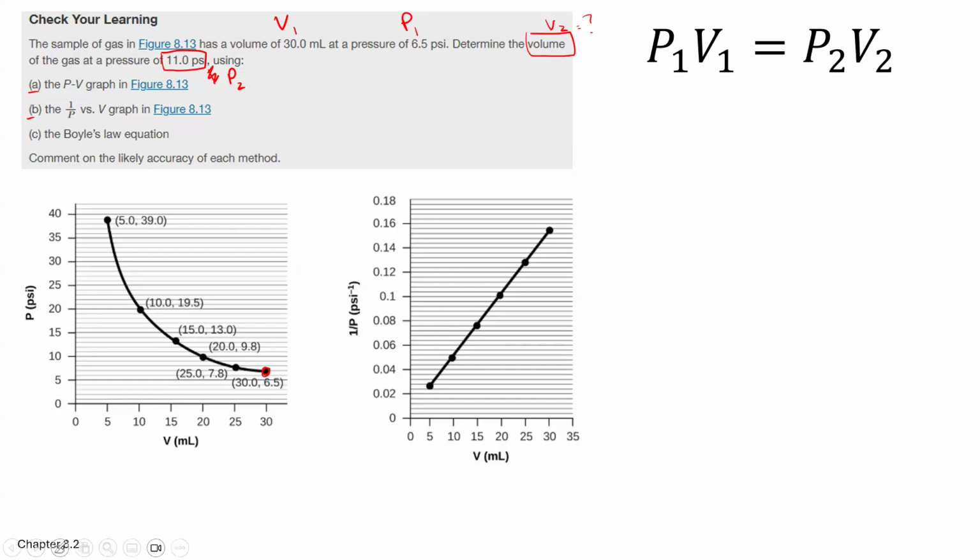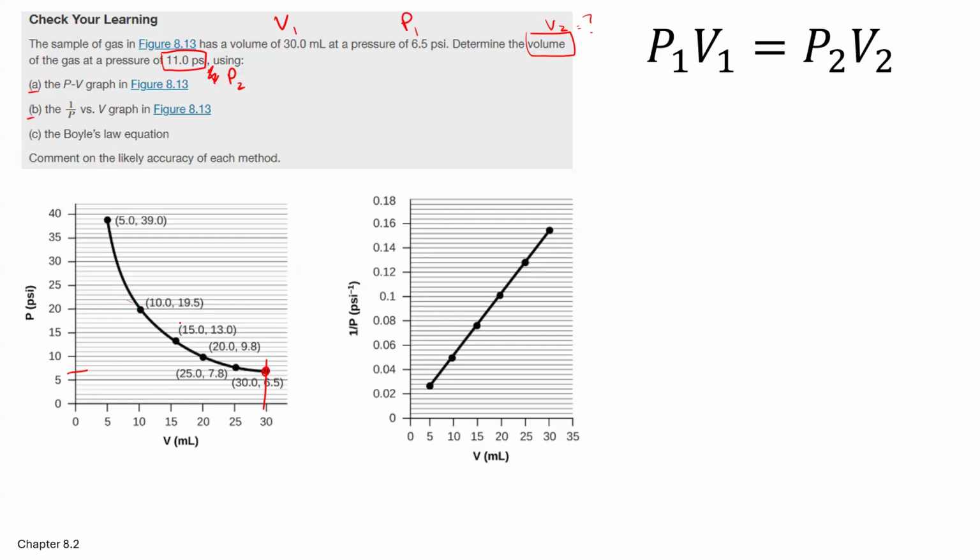So that's great. So yeah, 30 and 6.5 psi, which is right here. What is the volume of the gas at a pressure of 11?